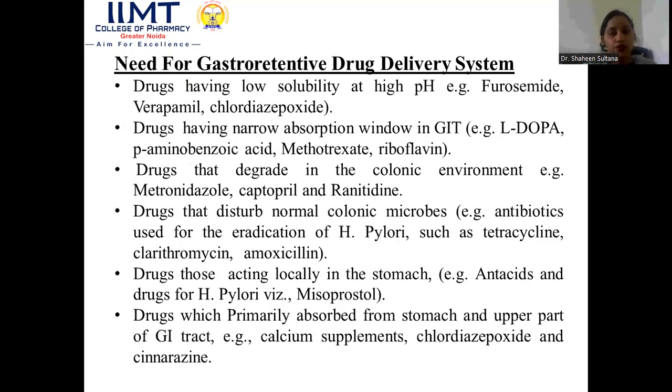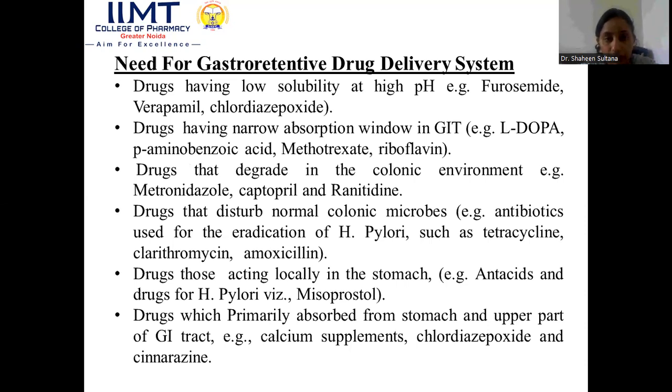What is the need for gastroretentive drug delivery system? So the drugs having low solubility at high pH, such as furosemide, verapamil, chlordiazepoxide, etc., all need a gastroretentive drug delivery system, as do drugs having a narrow therapeutic index and a narrow absorption window in the GIT tract.